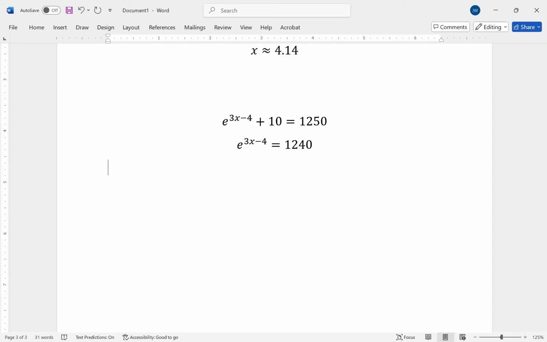Now I don't have a coefficient on e other than the implied 1, so I don't need to divide by that coefficient. At this point, I can apply the natural log to both sides. I get natural log of e to the 3x minus 4 is set equal to the natural log of 1,240.